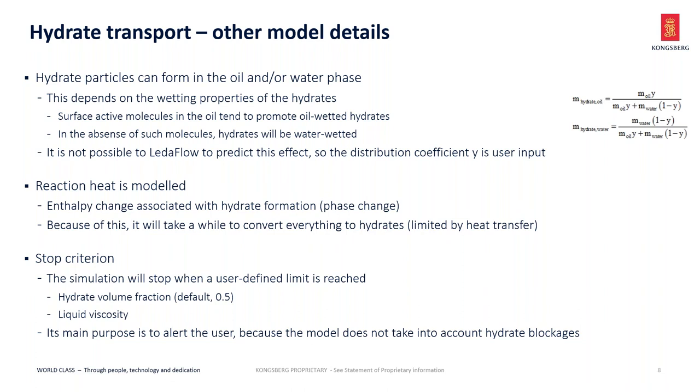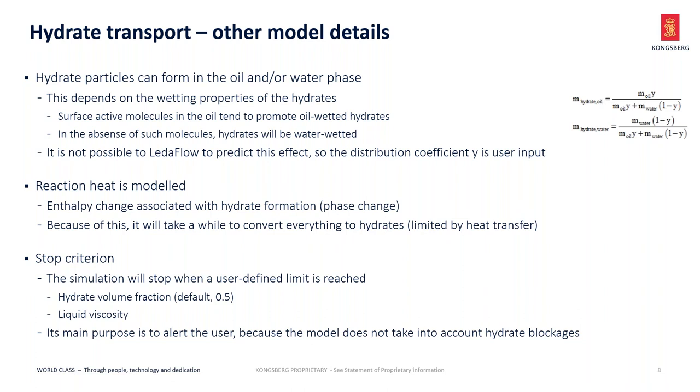And then finally, we have a stop criterion in this model, which will stop when a user-defined limit is reached. The hydrate volume fraction is normally the standard stop criterion. By default, it's set to 50%. That will mean that as soon as we have a local volume fraction of 50% hydrate particles, the simulation will stop.